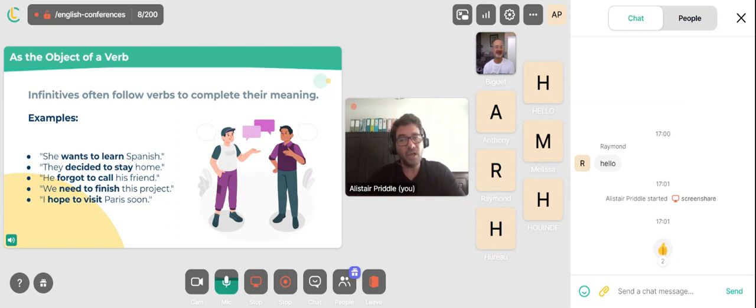They decided to stay home. He forgot to call his friend. We need to finish this project. I hope to visit Paris soon. In these sentences, we have the main verb and then the full infinitive. It completes the meaning of these sentences.